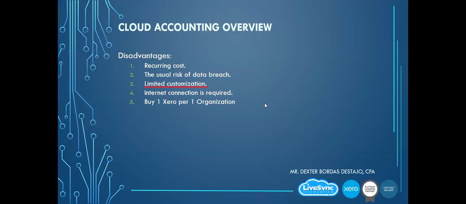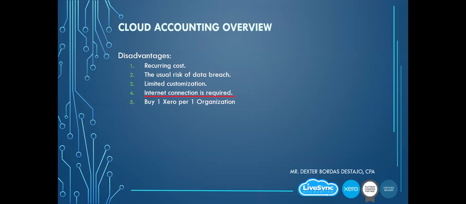Number four, which is a very true limitation, is that it is an internet connected system. So you would always need an internet connection to access Xero or your cloud accounting. Now, when you are buying for one organization, you have to buy one license, no?